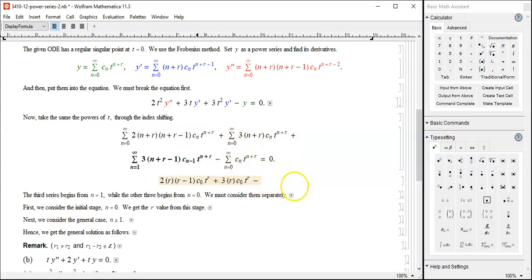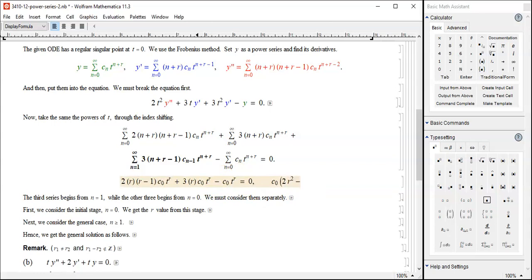the series here, c0, t to the r power, and they have to add up to 0 because everything has to be 0. And then of course t to the r power, they're all common, cross all those out, and then c0, that's common, so take it out. What do you get? 2r squared minus 2r. Did I break up correctly?